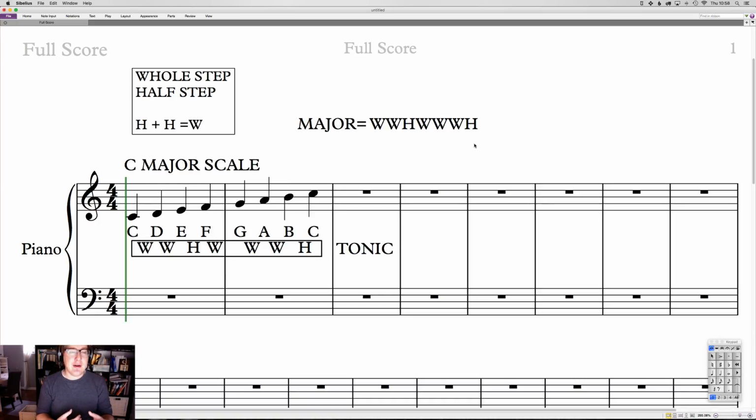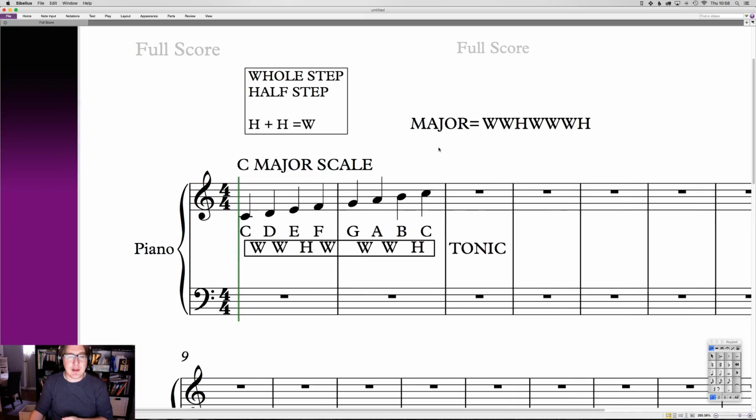Okay. Now, for those of you who know what modes are, you're saying to me, but Curtis, if I am using C Mixolydian, I can sort of tonicize C and say that we're in C Mixolydian. I understand that. Let's go ahead and ignore modes for just a second and just remember that C is the tonic. Okay? So let's review what we did today. What we did today is we looked at a scale.